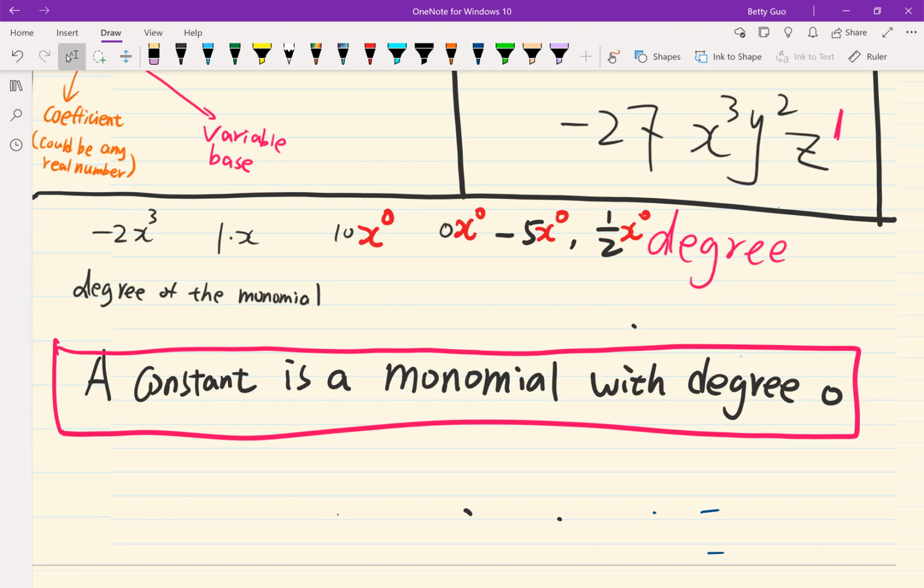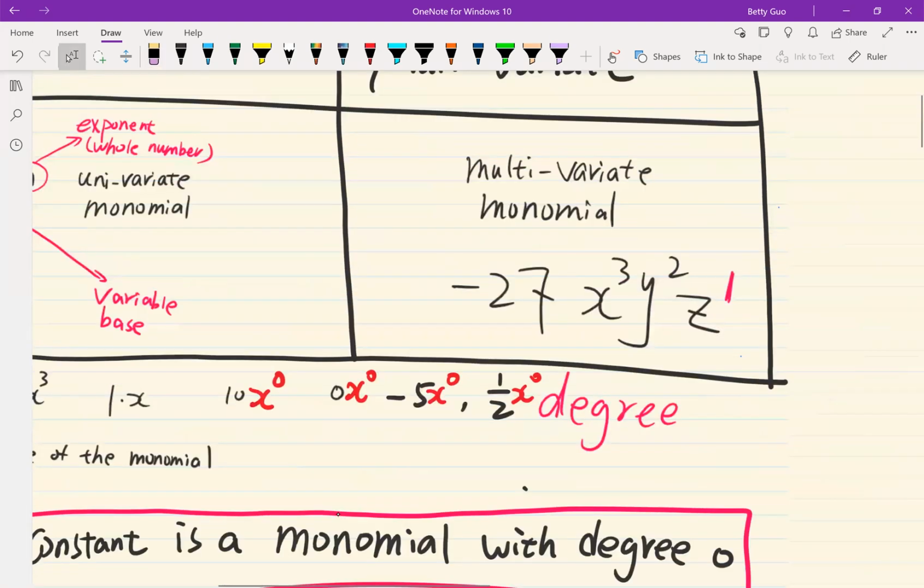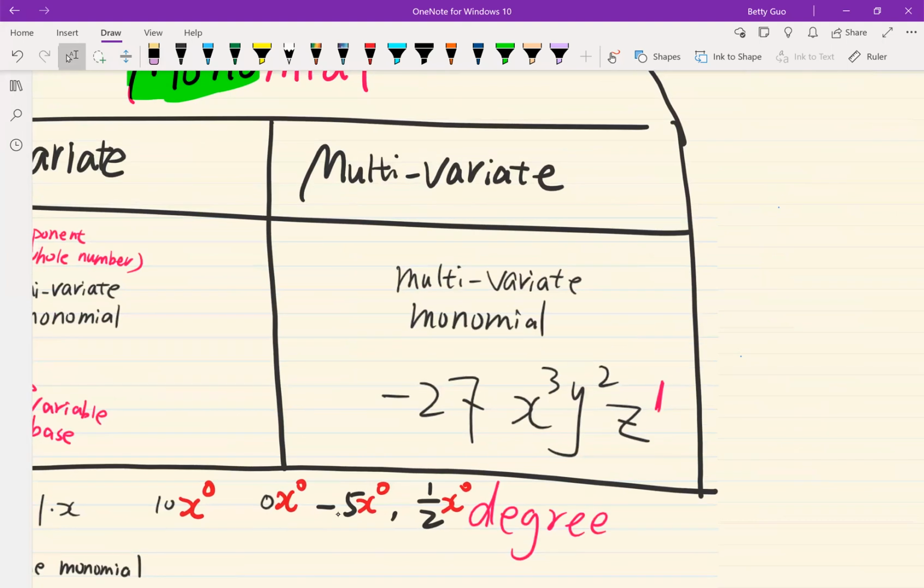A constant is a monomial with degree 0, like those numbers we saw earlier. Please remember this conclusion. Any questions so far? And then let's see, what is a multivariate monomial?